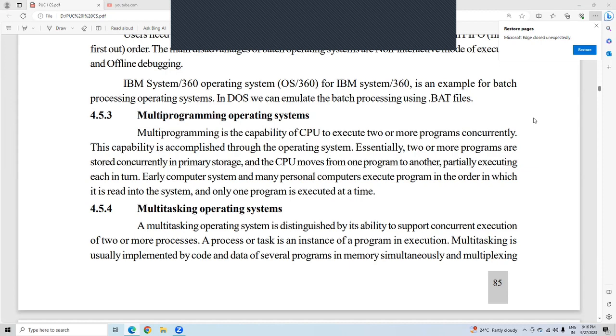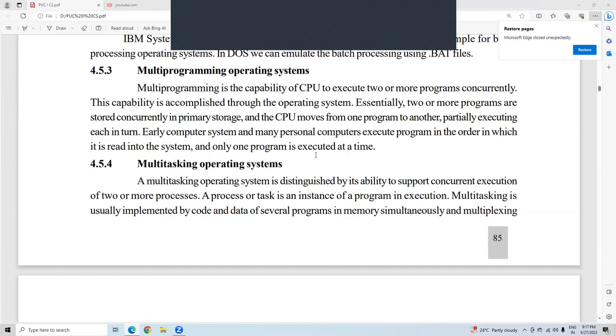But internally, it will be taking care of all the tasks. Only one program is executed at a time internally, right? Hope it is clear. Multi-programming.